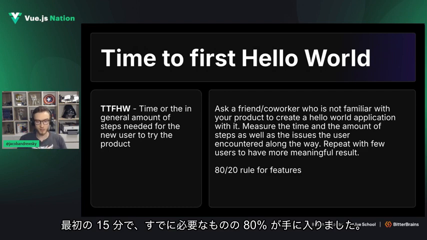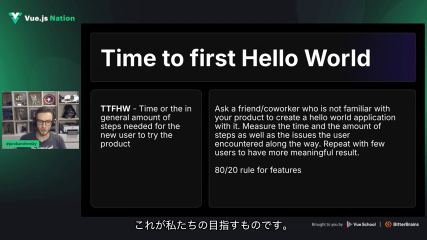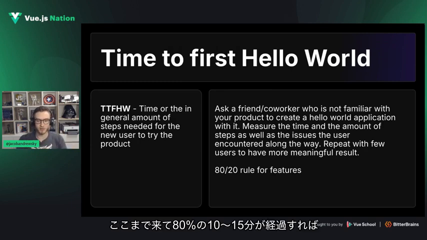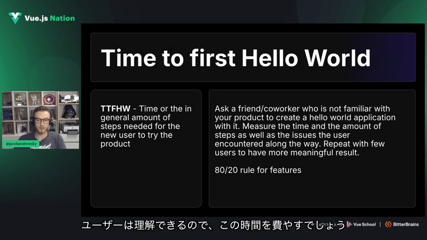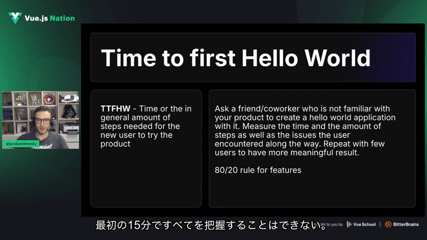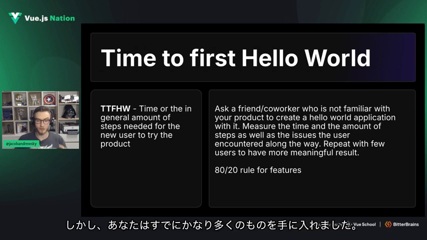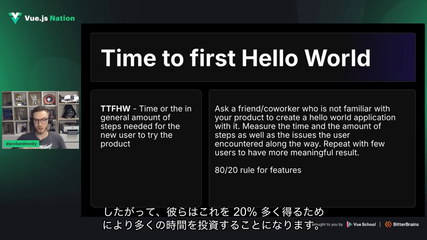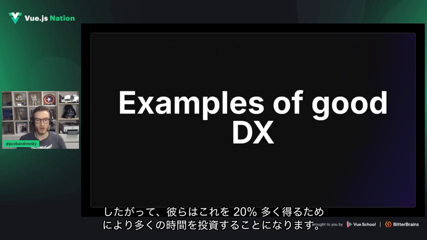They already have 80% of what they needed in the first 15 minutes. This is something we aim for, right? If we get to this point and we have this 80% in 10 to 15 minutes, then the user will spend this time because they will understand that you cannot get everything in the first 15 minutes, but you already got quite a lot. So they will invest more time into getting this 20% more.